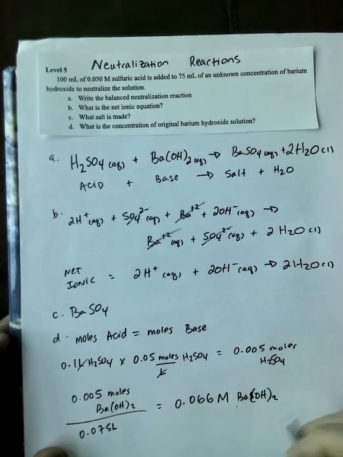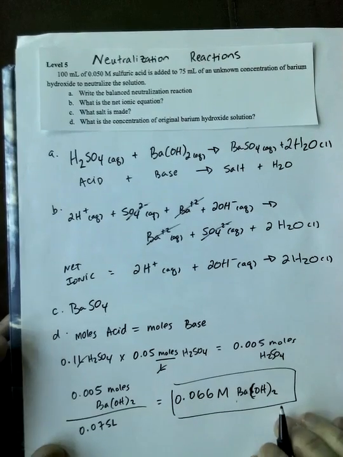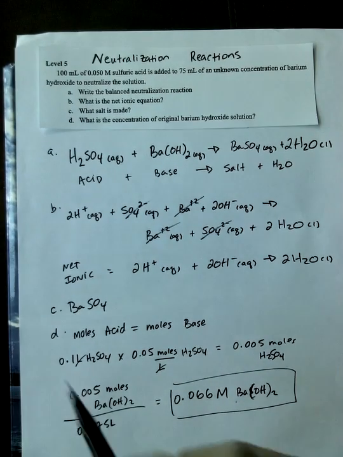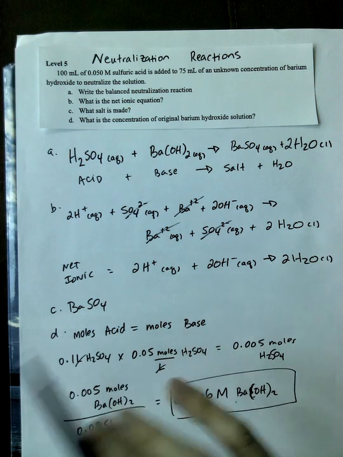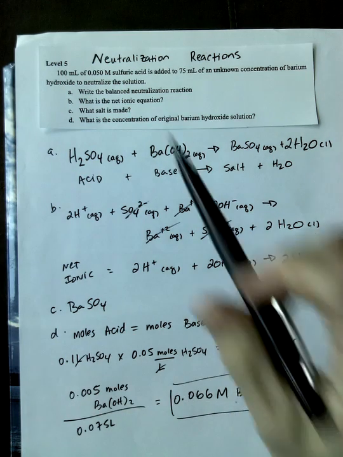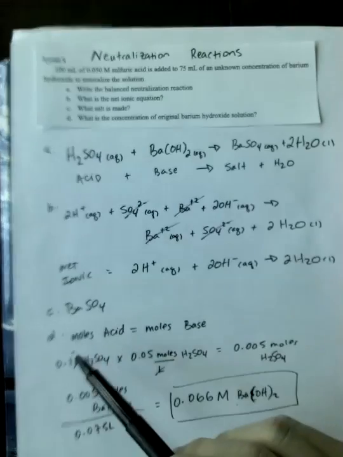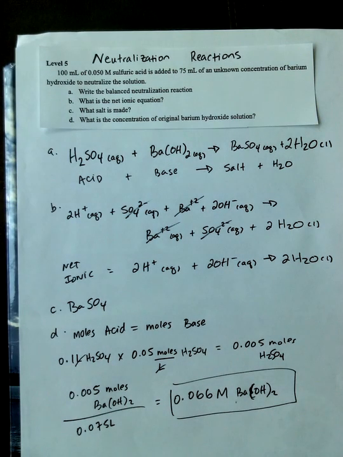Not the concentration of the salt, but of the base. So there's my answer to D, and I'm good. So the big idea again you need to understand is whenever you're told you're neutralizing an acid and a base and you've reached neutralization or you've neutralized the solution, moles of acid are equal to moles of base. Hope that helps.